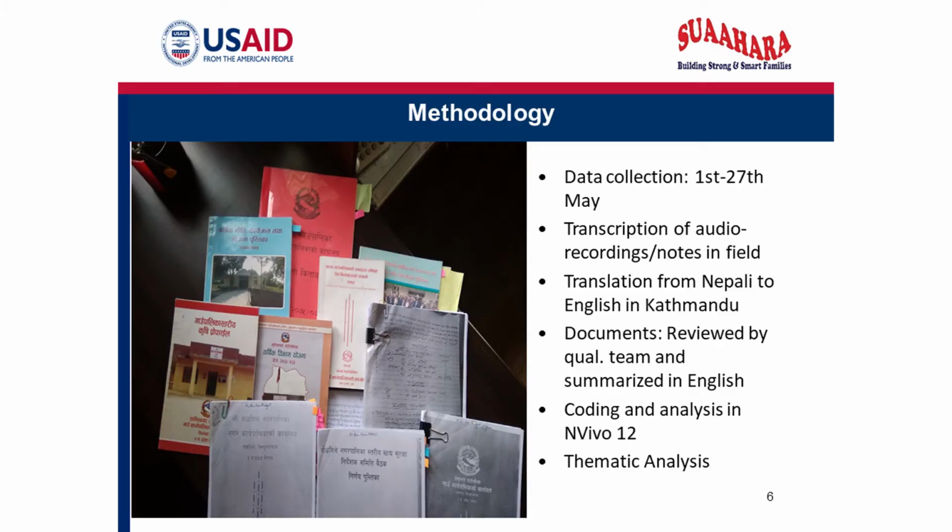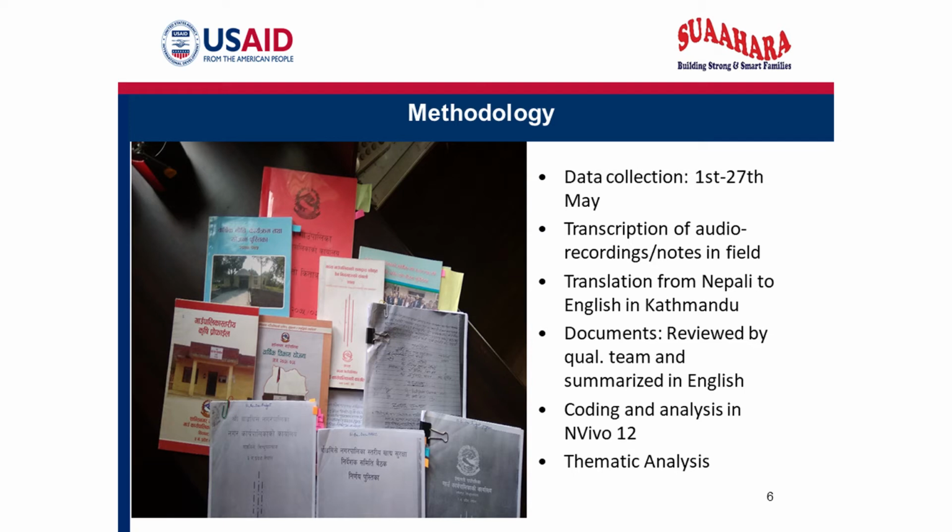Our methodology: we used 4 different qualitative techniques, the first one being in-depth interviews. We interviewed elected representatives as well as government staff from municipality as well as ward levels.